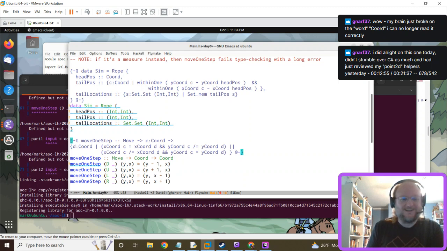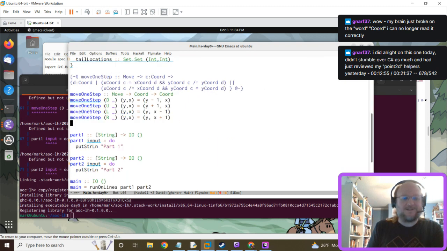We were going to... All right, I hate this name because I'm going to call the next function move one step. I'm going to call this next position.